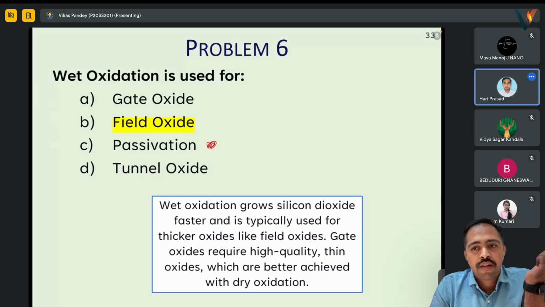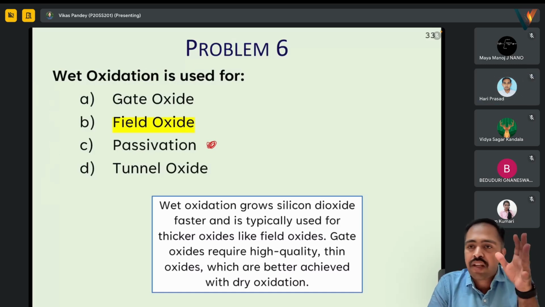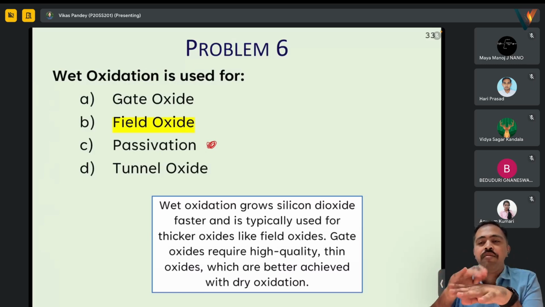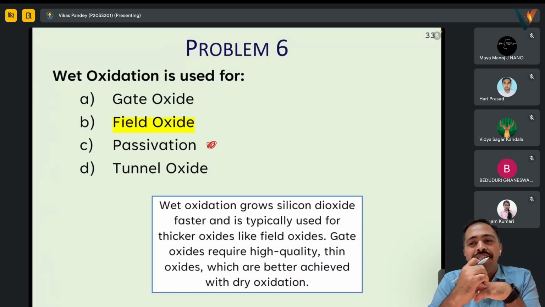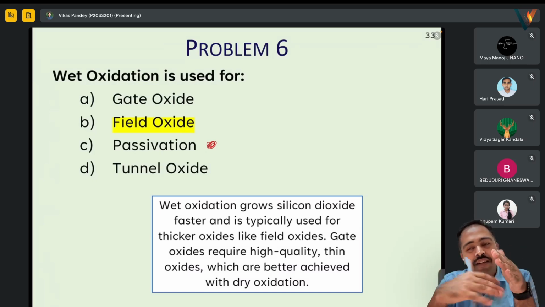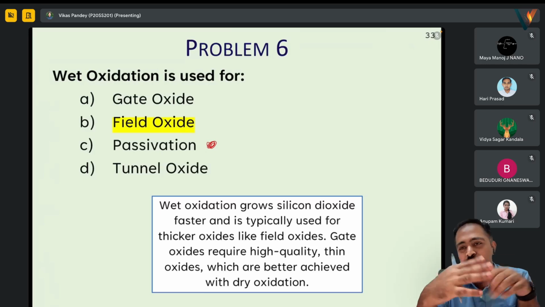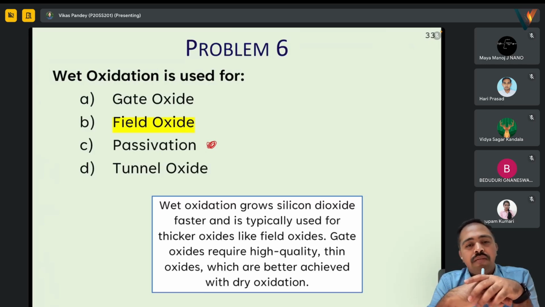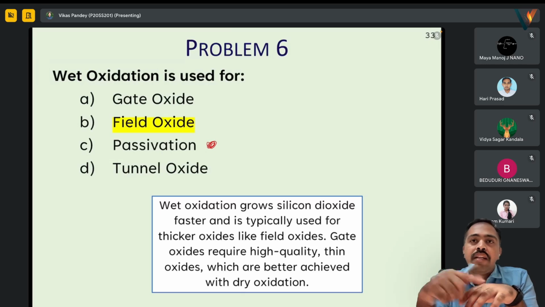Okay. See, when we are talking about passivation, we are generally covering metal and these things with oxide, right? And how can we grow it if we have metal over silicon? The silicon below will also get oxidized, right? So passivation can be done using oxide SiO2, but in that case, it is generally deposited.